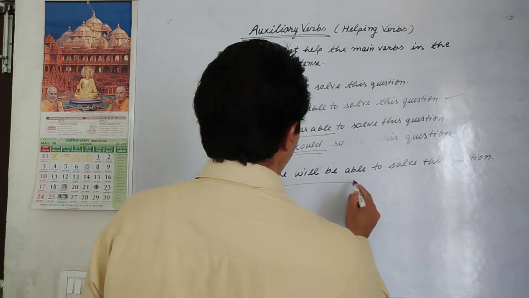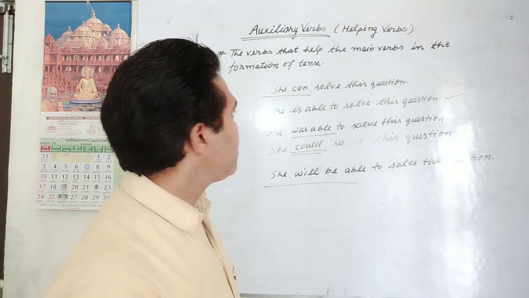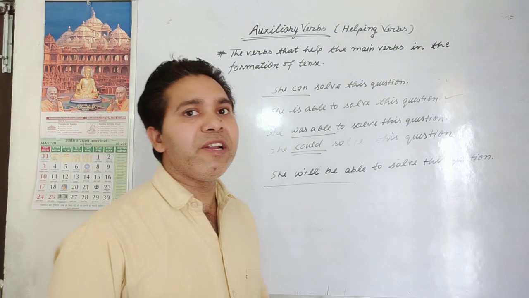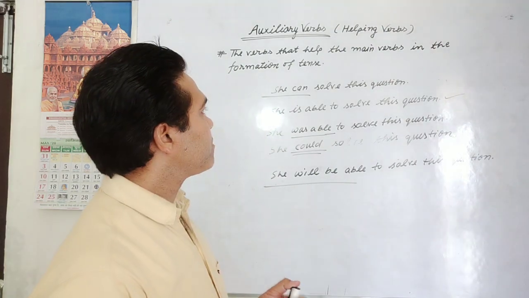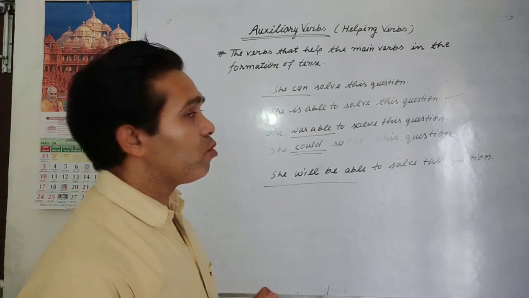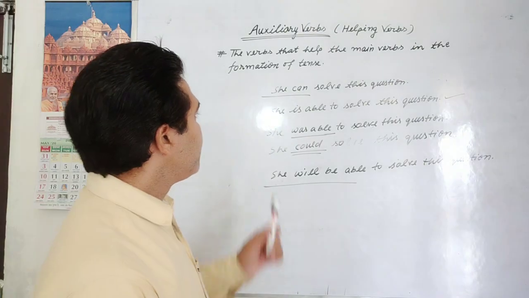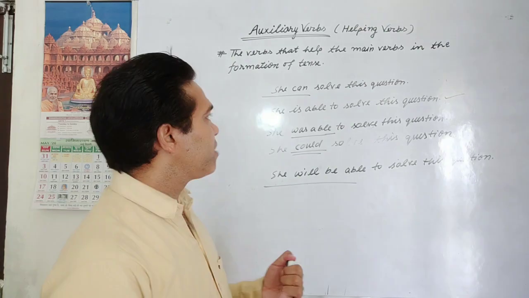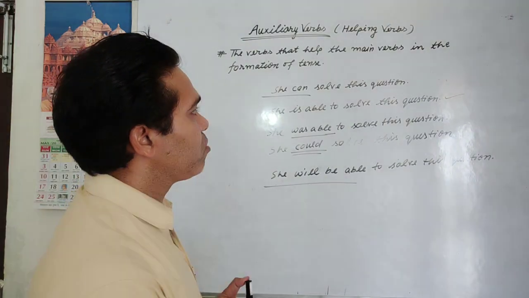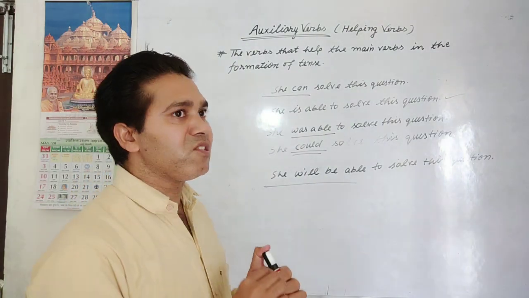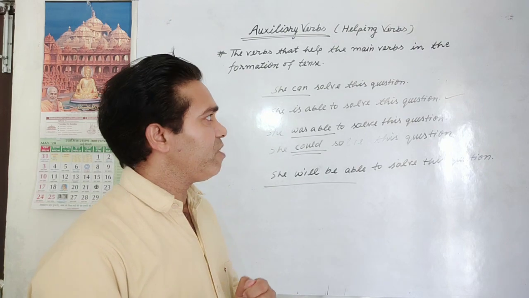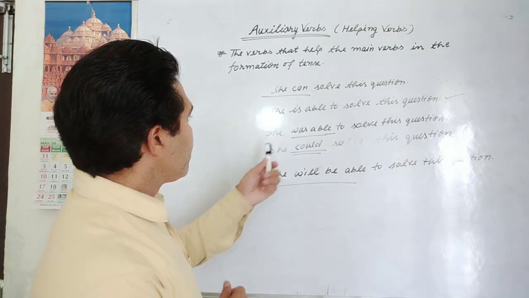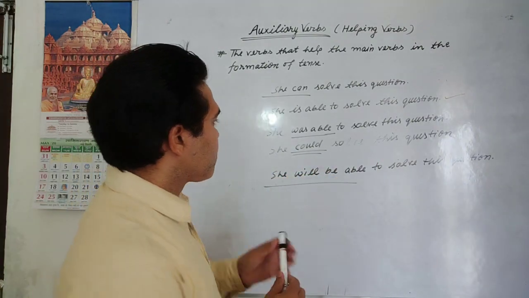Now the difference I want to tell you. If we say she can solve this question, then maybe there is doubt. Sometimes she can make a mistake. If we say she is able to solve this question, then we are 100% sure that she can do it.